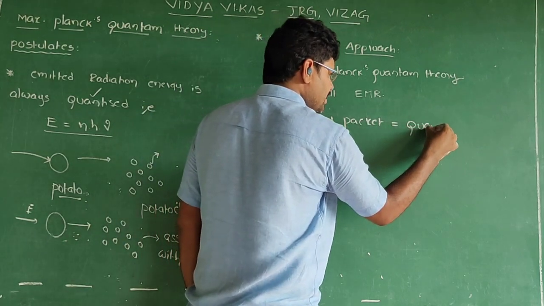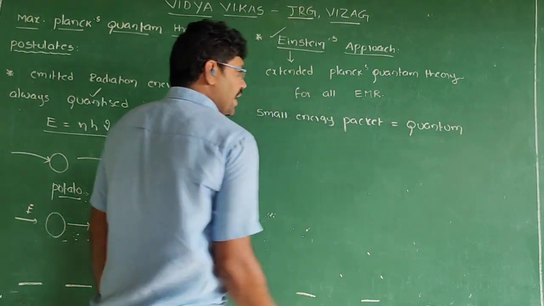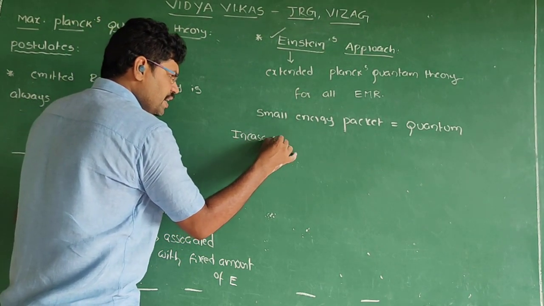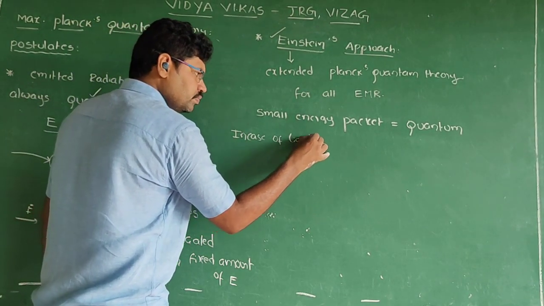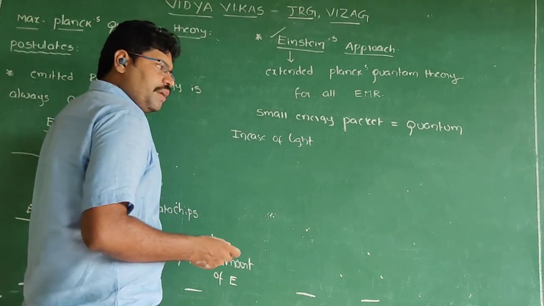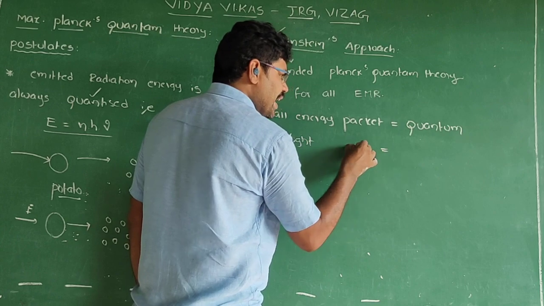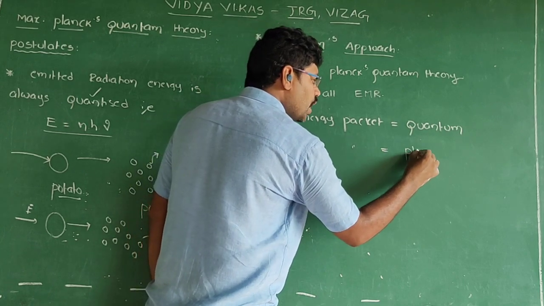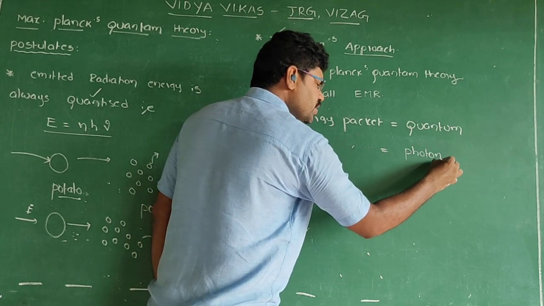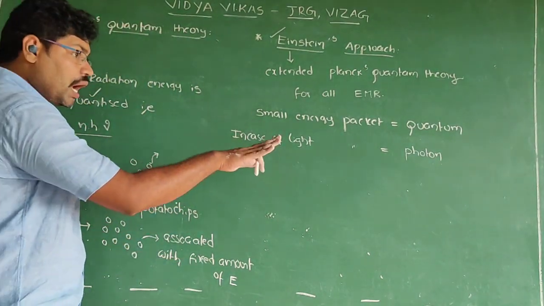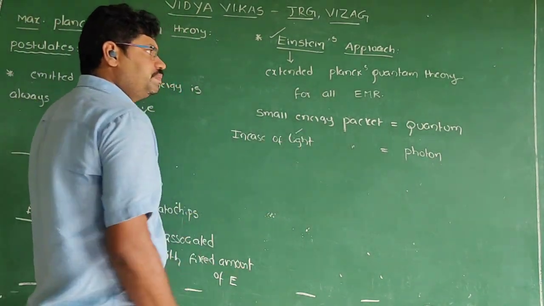But students, in case of light, okay, that small energy packet, we simply call it as photon. That is the only difference. One quantum is nothing but one photon in case of light.